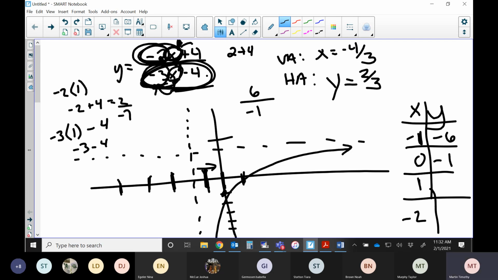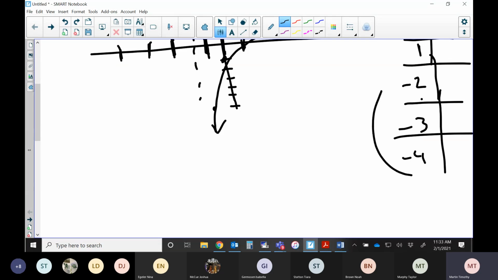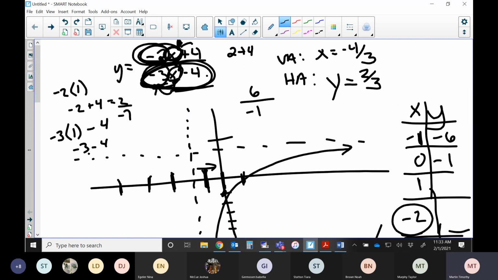Does that make sense? Yeah, that makes a lot more sense. And you would find the outputs when you plug those in. So you plug in -2, get an output, put it here. Plug in -3, get an output, put in -4, an output. It's probably going to be somewhere like this.